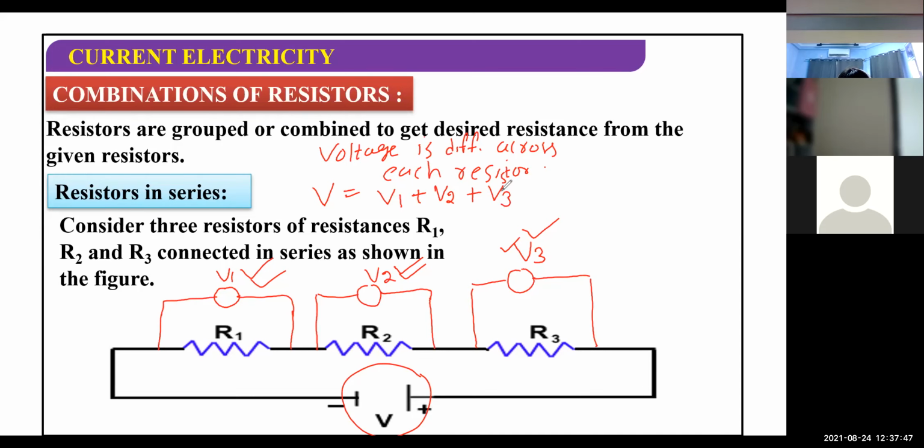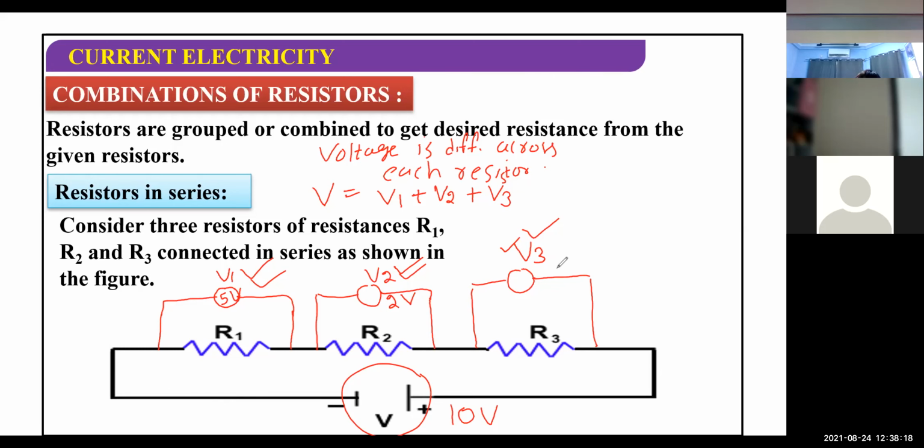So the total voltage V is always equal to the sum of the voltage drops across different components. For example, children, if the total voltage here is 10 volt, and the voltage measured by the first voltmeter is 5 volt, and the second is 2 volt, just a rough example, then 5 plus 2 is 7.